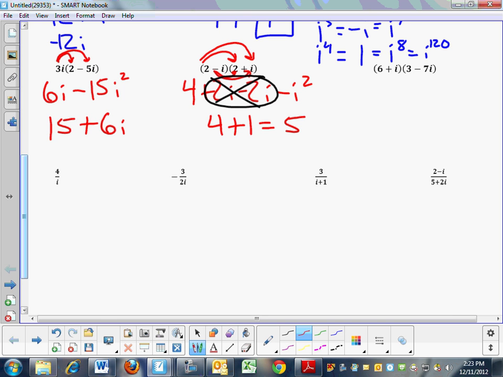All right. Then all we got is these other ones. Let's distribute this through. 6 times 3. 6 times negative 7i. Negative 42i. I times 3. 3i. And I times negative 7i.